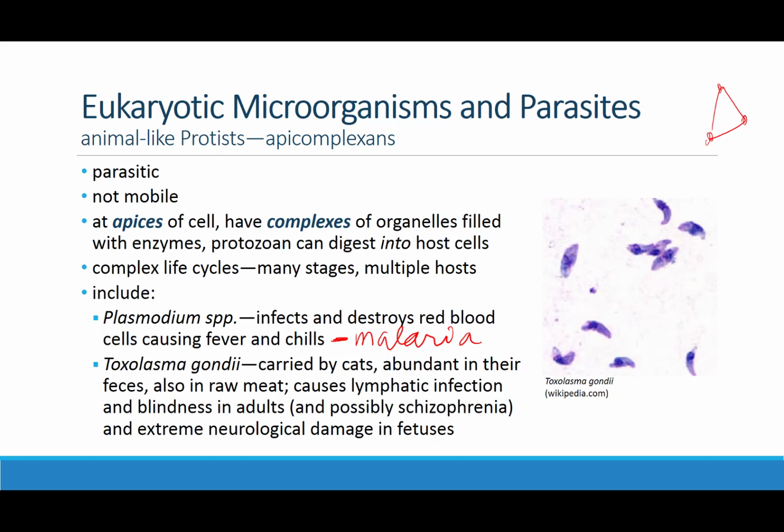When they're breaking up the red blood cells and all the larvae are being released into the blood, that's when people come down with the fever and the chills that we associate with malaria. On something like a 33 or 36 hour cycle, people will go through these bouts of fever and chills as more larvae are being released into the blood and red blood cells are being destroyed.